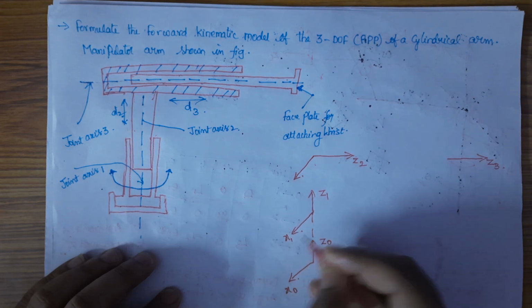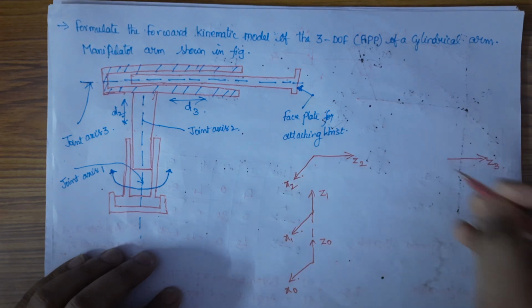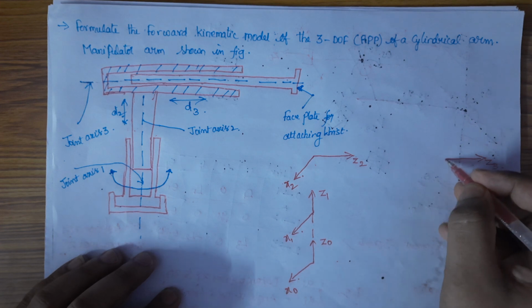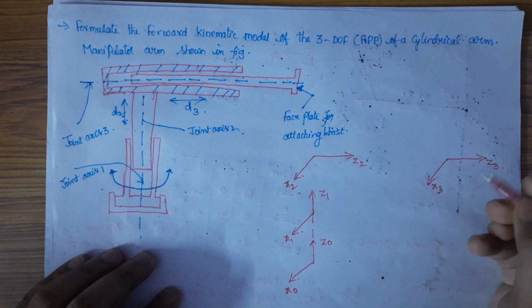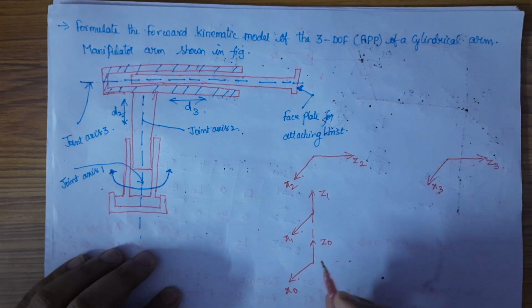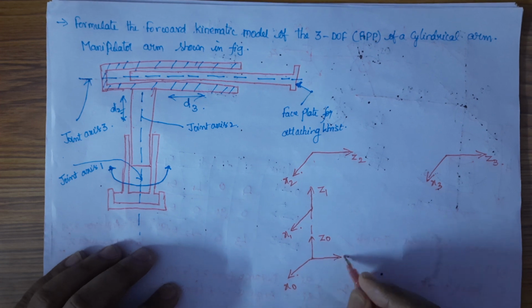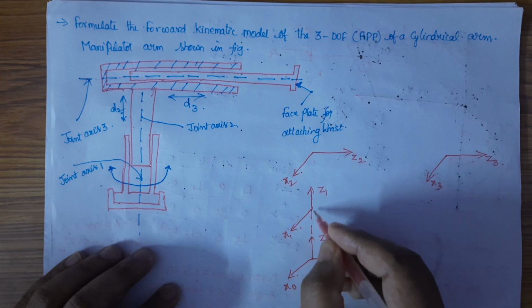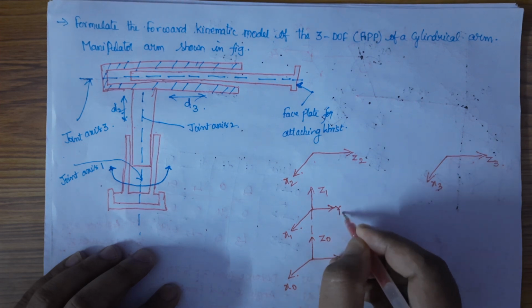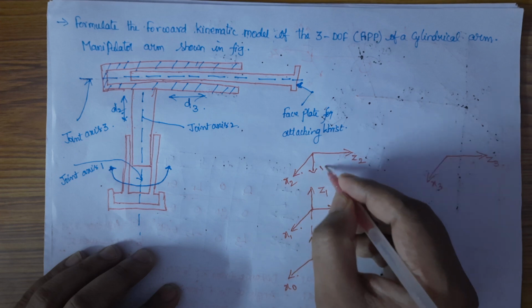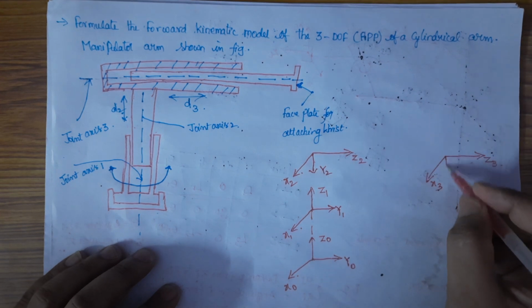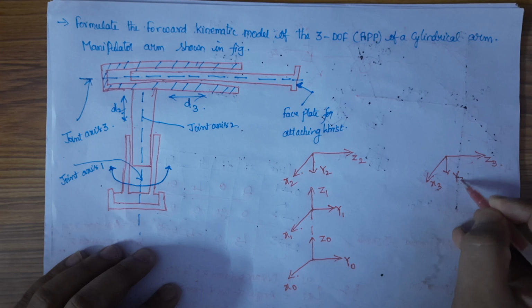It's not x1, x2, it's x3. We can assign the y-axis or else we can't, but just in order to complete the figure, I am assigning the y-axis also: y0, y1, this will be y2, y3.